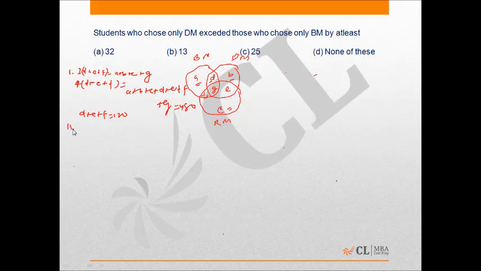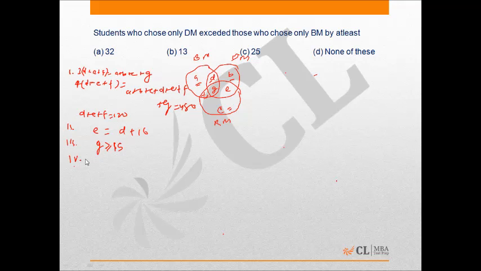Now coming to the second statement, here it is given that the number of students who choose DM and RM but not BM, that is E, is 16 more than those who choose BM and DM but not RM, that is D. So E is 16 plus D. Now coming to the third statement, in which it is given that the number of students who chose all the 3 subjects was at least 15, which means G is greater than or equal to 15.